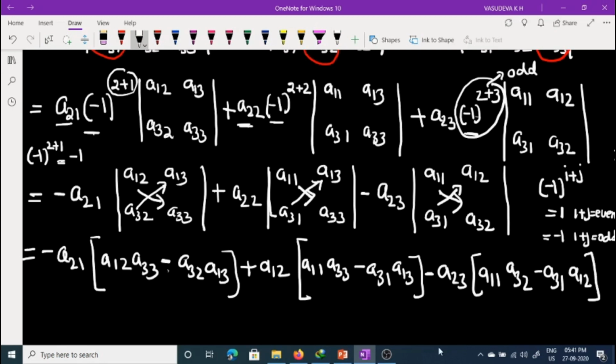So this is the expansion of the determinant when you expand it along the second row.